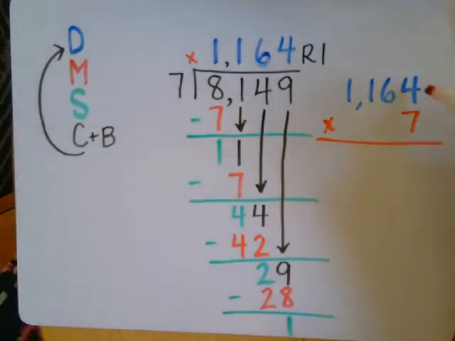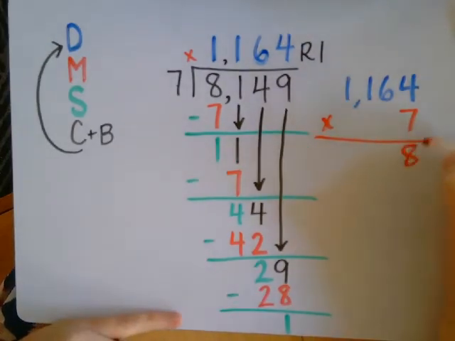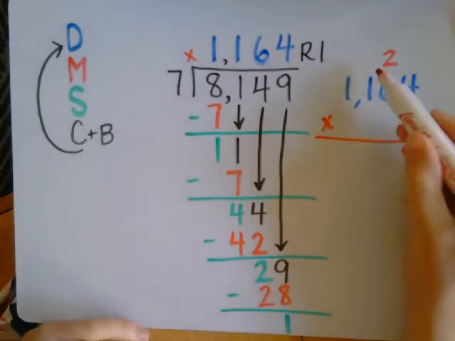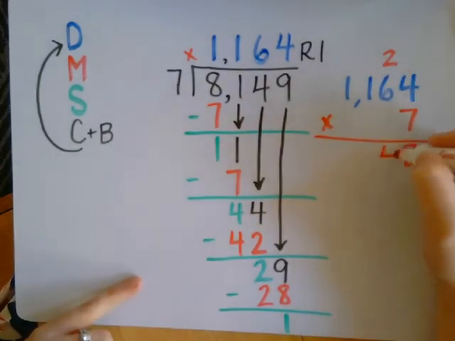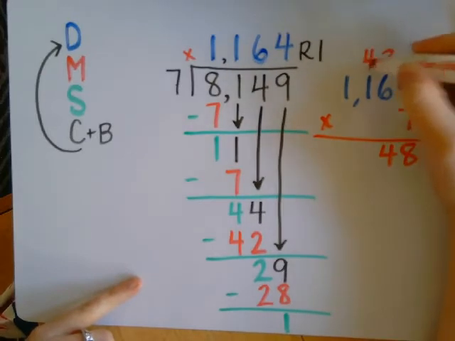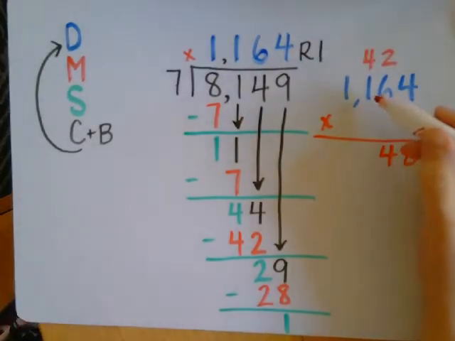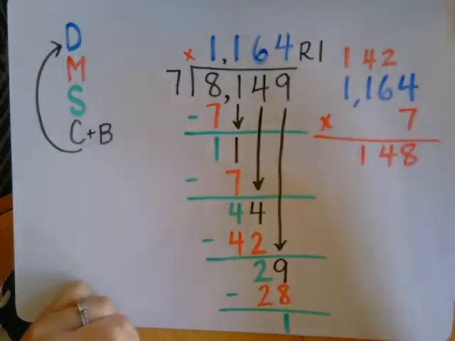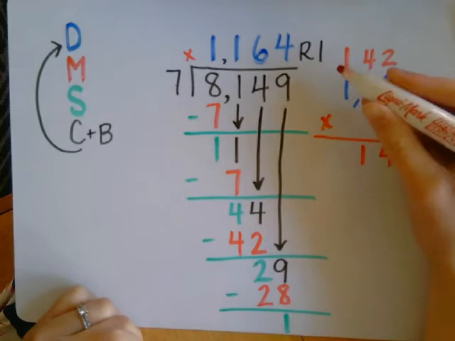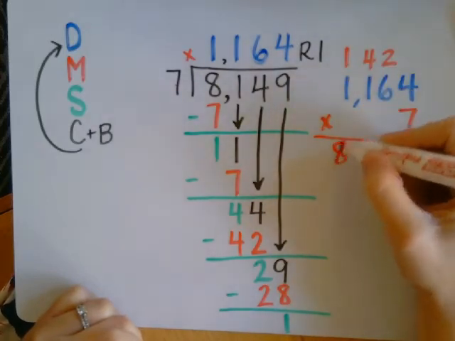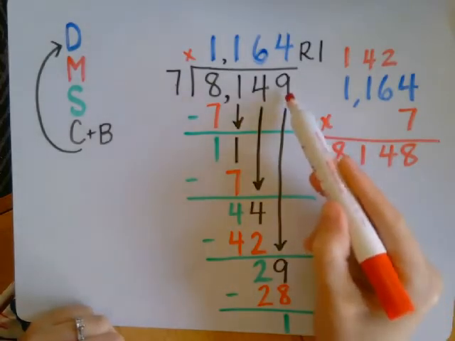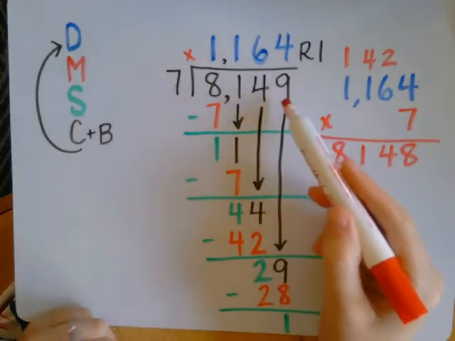Starting in the ones place, 7 times 4 gives me 28. 7 times 6 is 42, plus 2 more is 44. 7 times 1 is 7, plus 4 more is 11. 7 times 1 is 7, plus 1 more is 8. So I got 8,148. My original answer was 8,149.